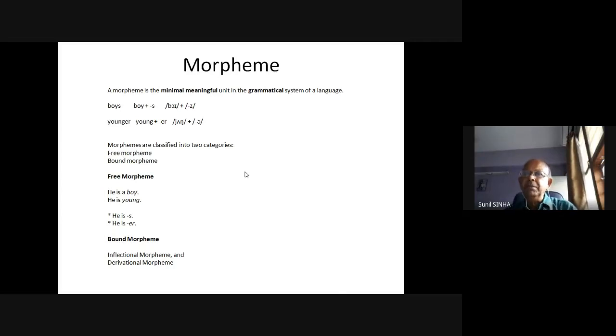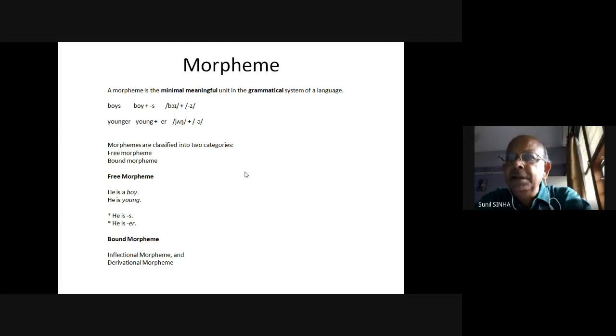Now the definition is given at the top of this handout. A morpheme is the minimal meaningful unit in the grammatical system of a language. Now, I have put minimal, meaningful, and grammatical in bold.